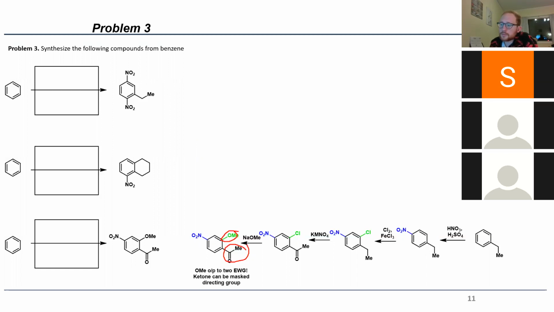And yeah, I'm sorry. Wait. Wow, I'm crazy. Someone just said, isn't one only ortho/para to the ketone? Absolutely correct. I'm being crazy. Yeah. The methoxy group is only ortho to the ketone. But it still is ortho to an electron withdrawing group, which is why it's accelerated toward SNAR.